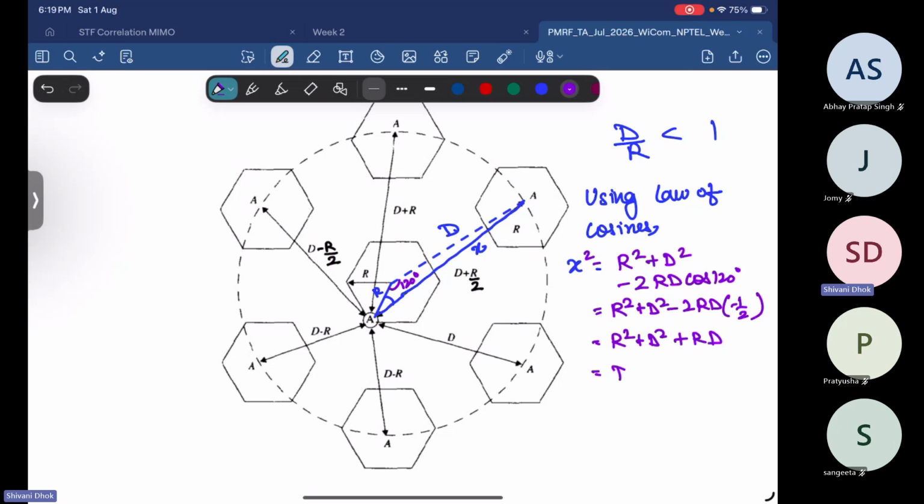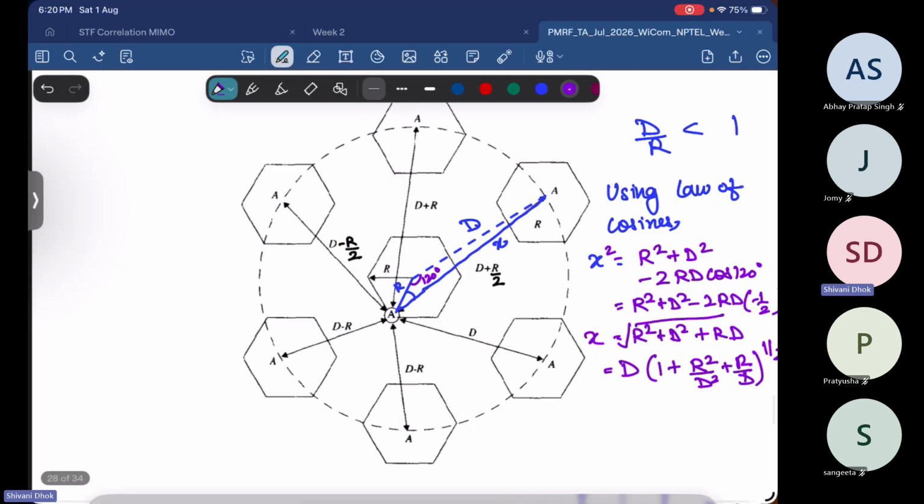Now you pull out your d, so your x is equal to under root of this. So now you pull out your d, then you will have d into 1 plus r square by d square plus r by d, to the power half.